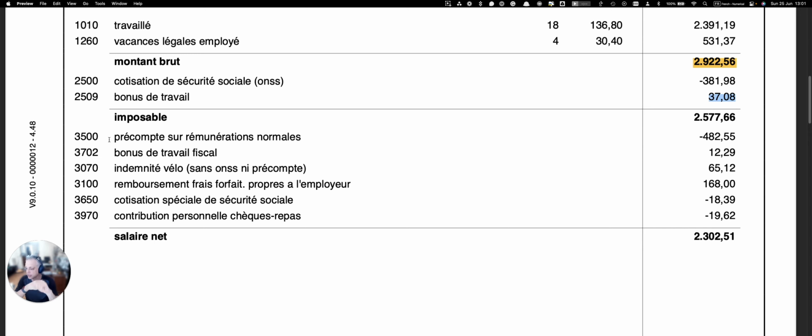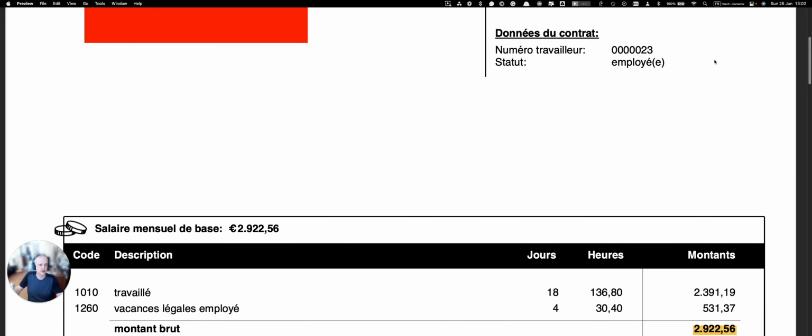So in this case, the person, you remember at the top, is single. If I go up, you can see here célibataire in French, single in English. So this person, compared to somebody that is married, will have to pay more income tax.